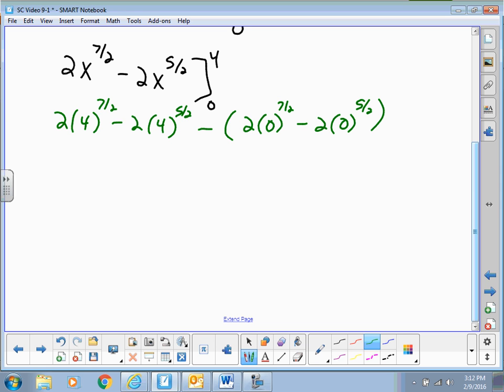So square root of 4 is 2. 2 to the 7th is 128, times 2 is 256. Minus, square root of 4 is 2. 2 to the 5th is 32, times 2 is 64.